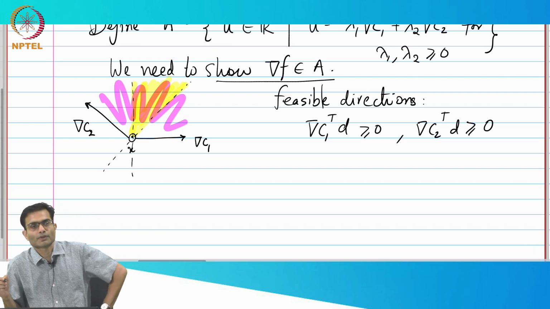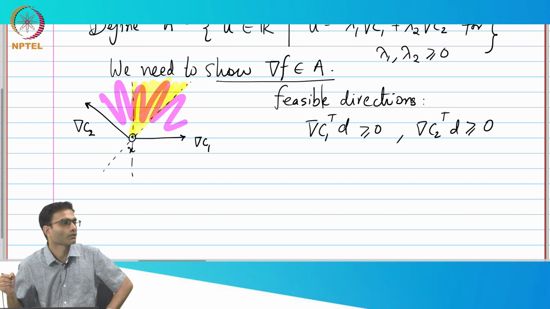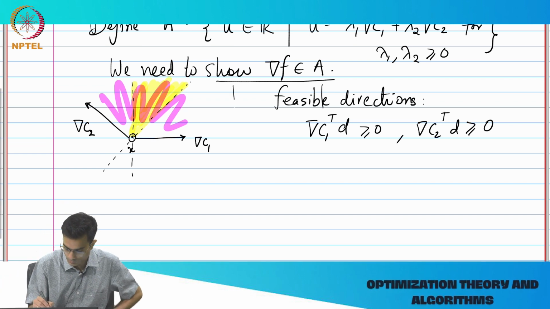So we are going to use one of the oldest tricks in the book to prove this, which is proof by contradiction.